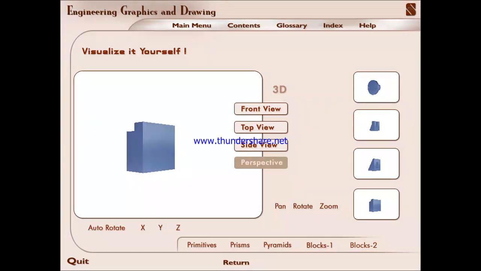So these are all the views of primitives, prisms, pyramids and the blocks.